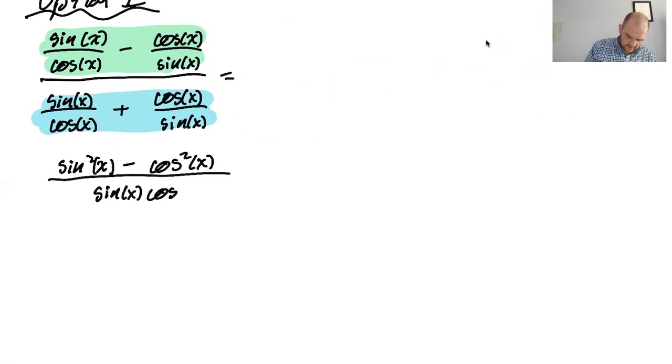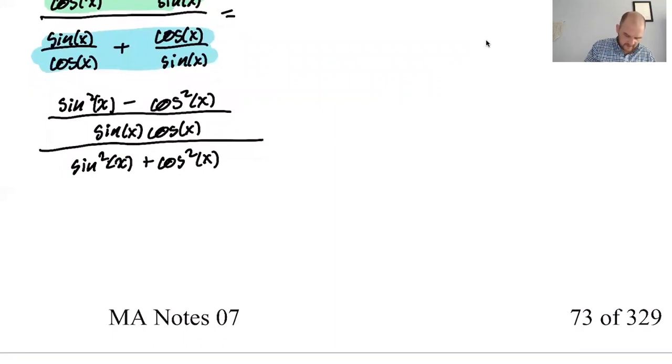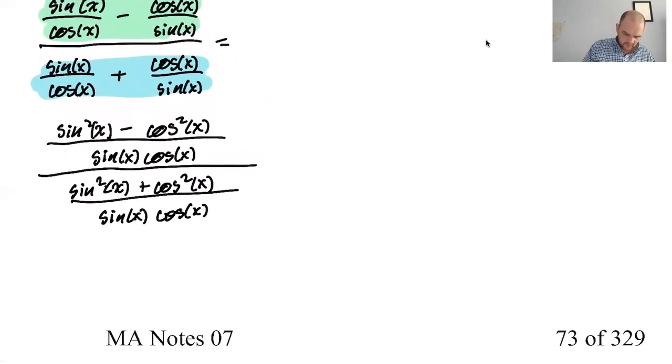And all over, in the denominator, I'm going to get sine squared plus cosine squared. So that's good, because that's 1. Anytime that shows up, be happy. Over sine times cosine. All right, so things are looking pretty good.